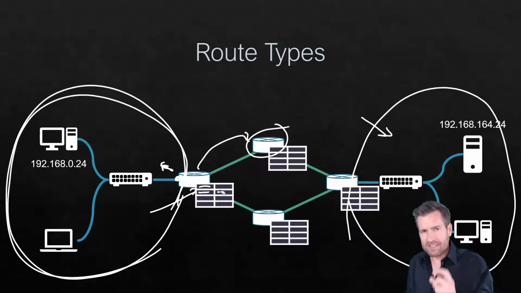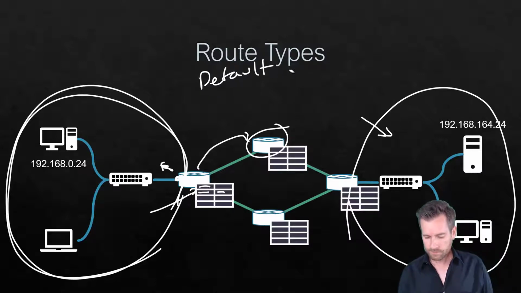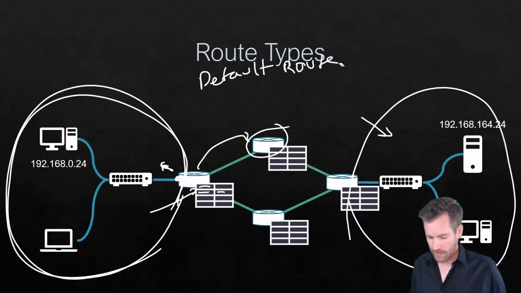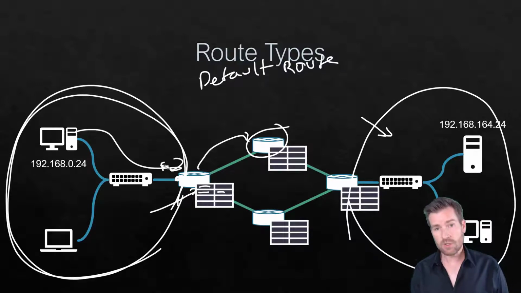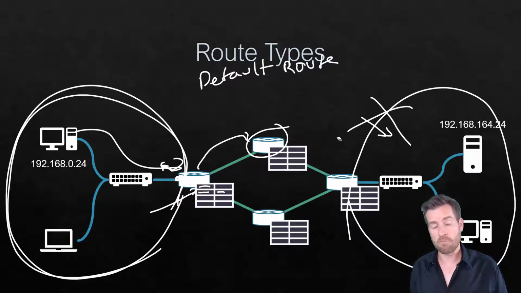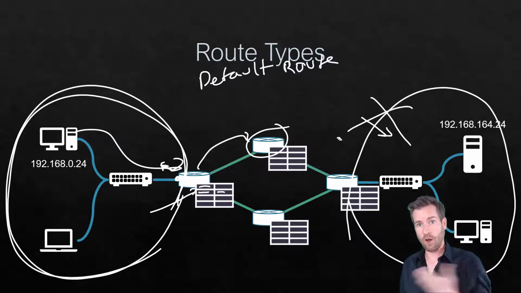Now, one thing we haven't talked about is a default route. A default route is another type of route that we can utilize to get to different networks. So let's say the packet comes into this router and it does not have any knowledge of this remote network over here, but it still needs to get that information over to it.